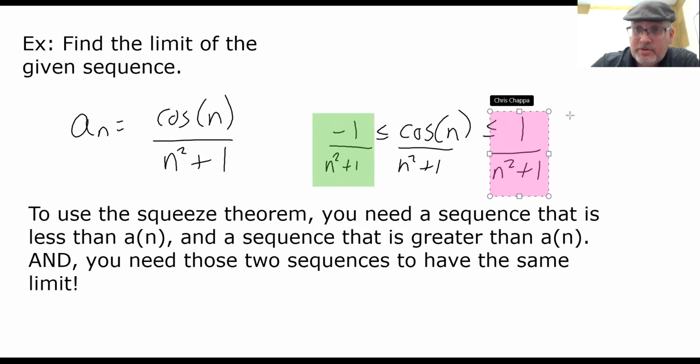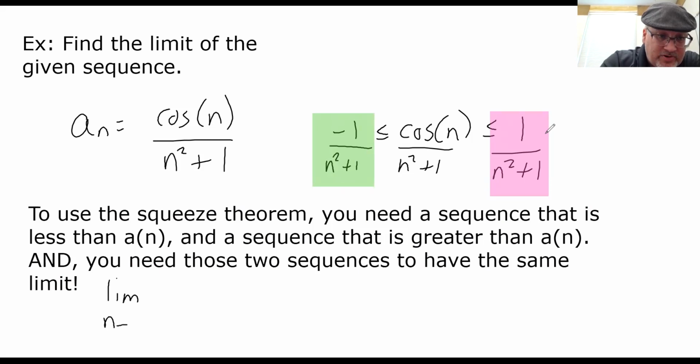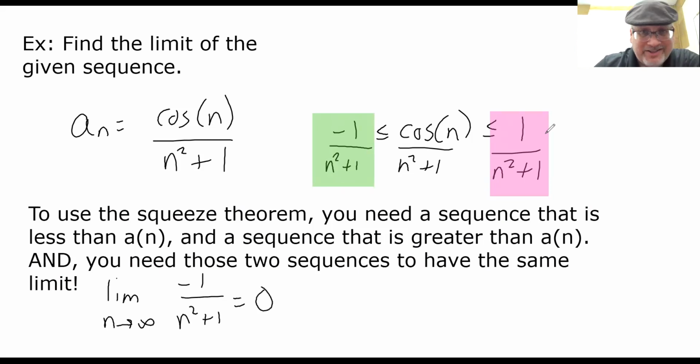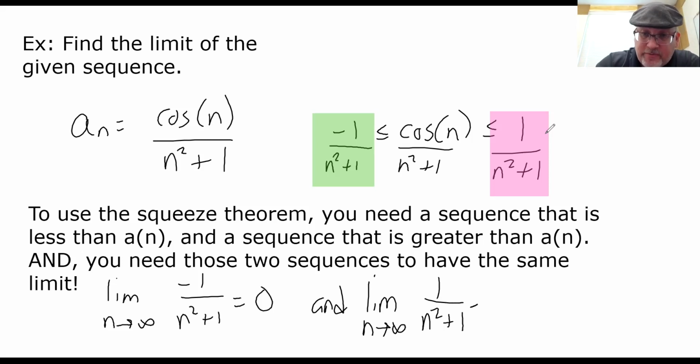All right, the limit as n approaches infinity of -1 over n squared plus 1 is equal to 0. Any constant over an ever-growing denominator will collapse to 0. Or rather, I should say a denominator that approaches infinity. And the limit as n approaches infinity of 1 over n squared plus 1 is also 0 for the same reason.